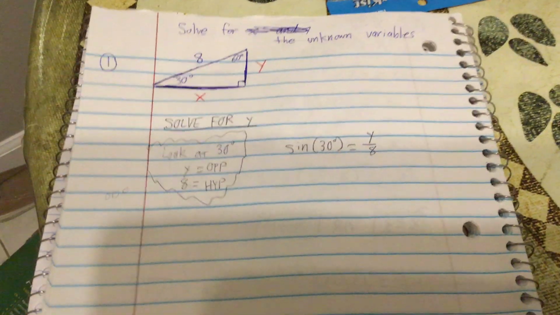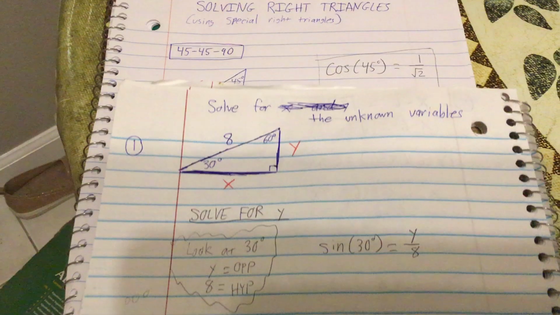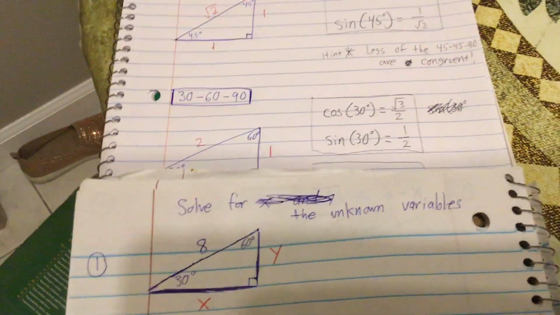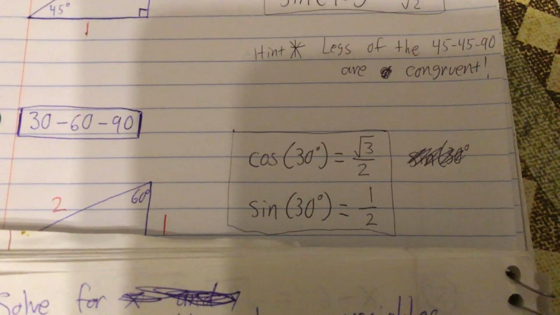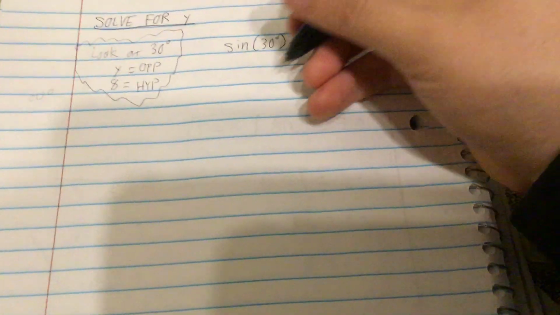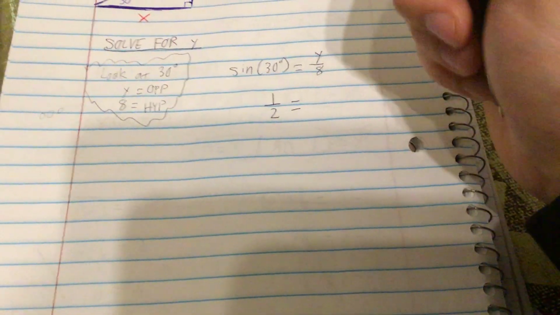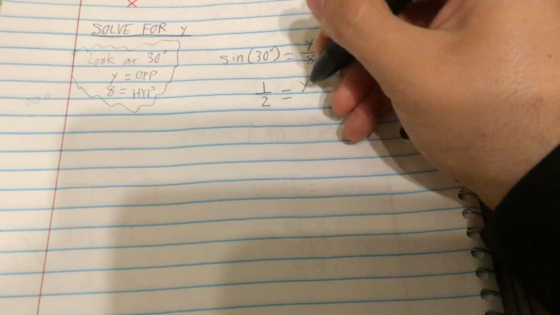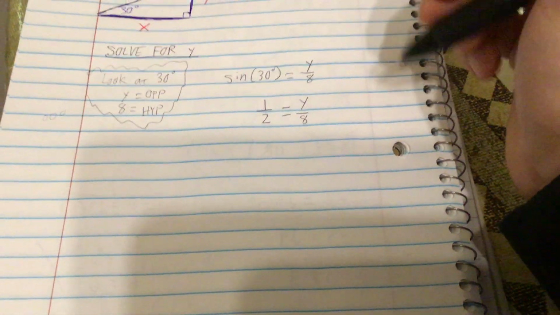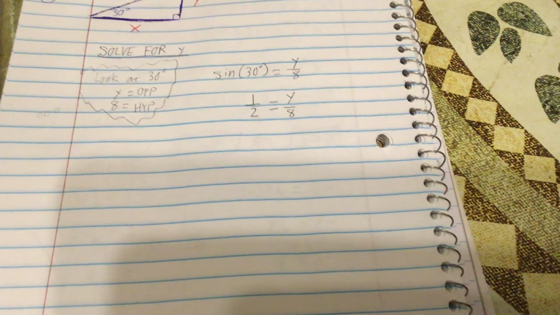Now I'm going to go back to my diagram and know that the sine of 30 degrees is 1/2. So if the sine of 30 degrees is 1/2, now I've got a proportion. 1 over 2 is equal to y over 8. Do you guys remember how to solve a proportion?